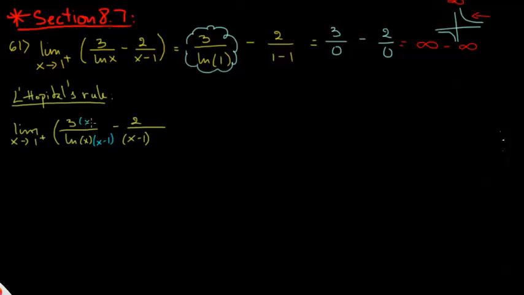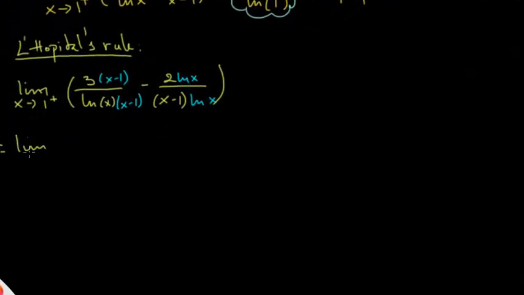So I multiply the first fraction by x minus 1 and the second fraction by ln x. And I will have the limit as x approaches 1 from the positive side, also distributing the 3, of 3x minus 3 minus 2 ln x over (x minus 1) times ln x.